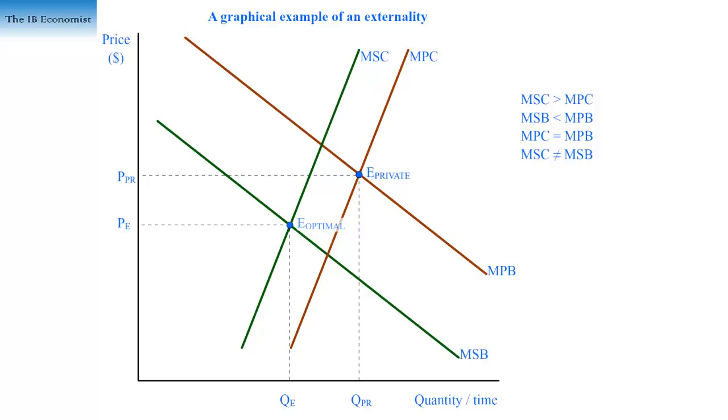We can see in this diagram also that the marginal social cost is greater than the marginal private cost, and that the marginal social benefit is less than the marginal private benefit. We see that the marginal private cost is equal to the marginal private benefit, and this E optimal equilibrium where the marginal social cost is equal to the marginal social benefit simply does not exist. We are on E private, we are not on E optimal.